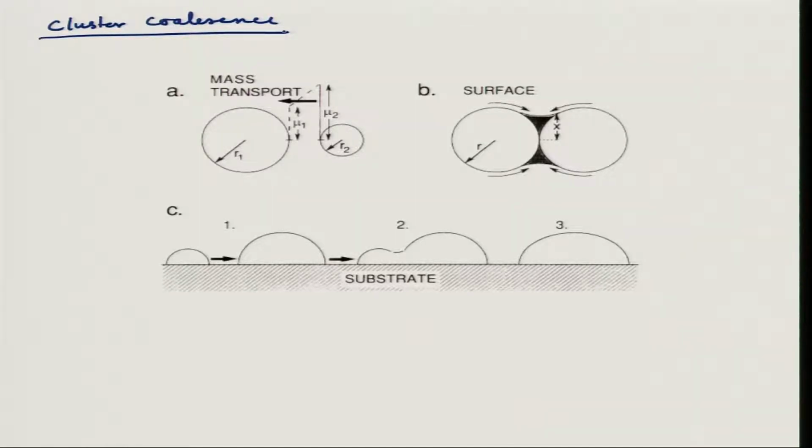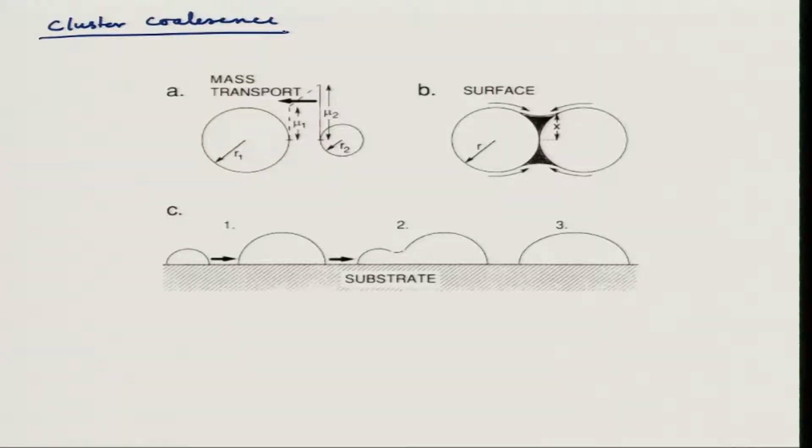So, either these nuclei will wait till another nucleus grows in between them and merges them over, or they can transport material between them such that one grows at the expense of the other, or they get sintered. So, there are three different processes by which it could happen.